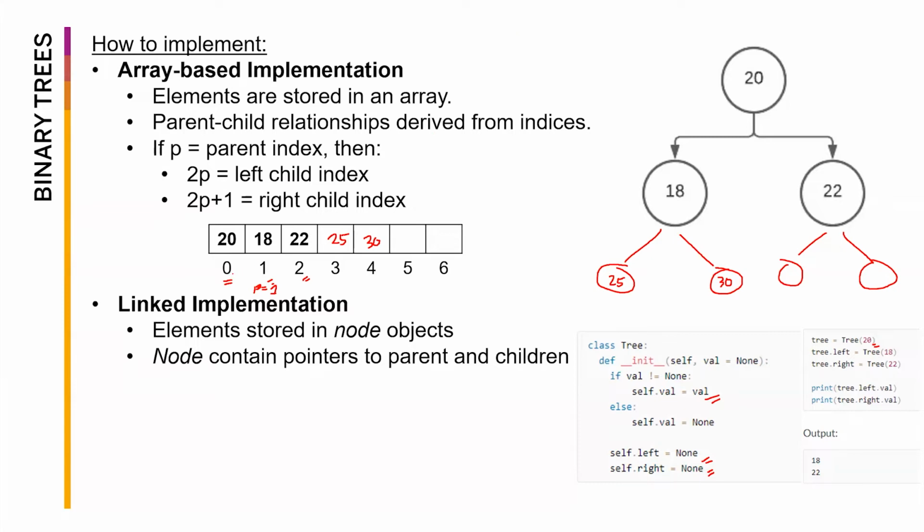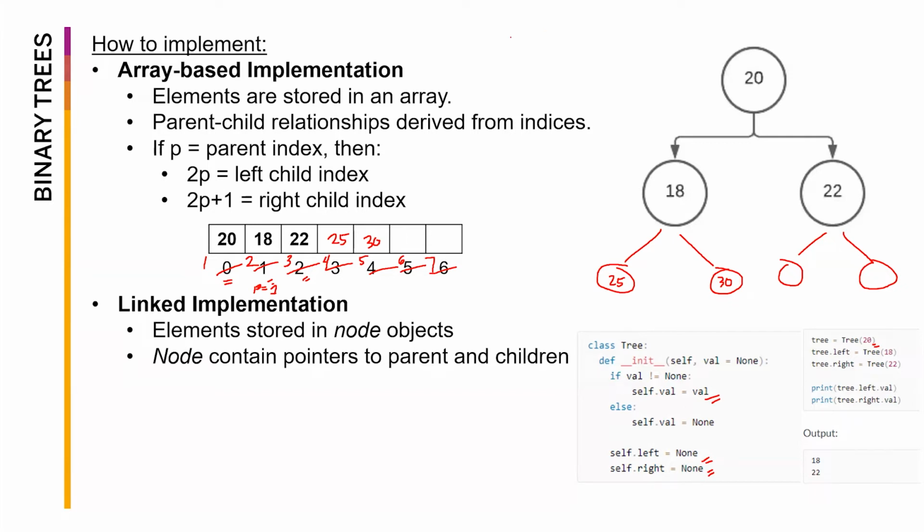So this is not supposed to be 0, 1, 2, 3, 4, 5, 6. This is supposed to be 1, 2, 3, 4, 5, 6, 7. I'll just correct it on the PDF. All right.